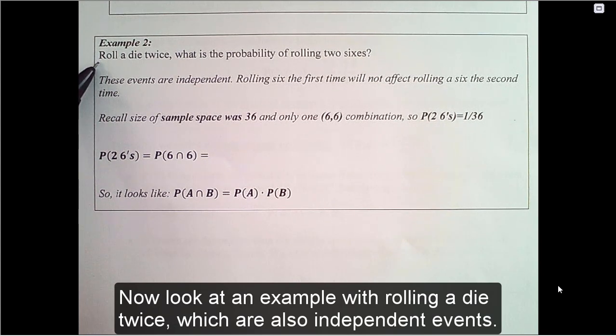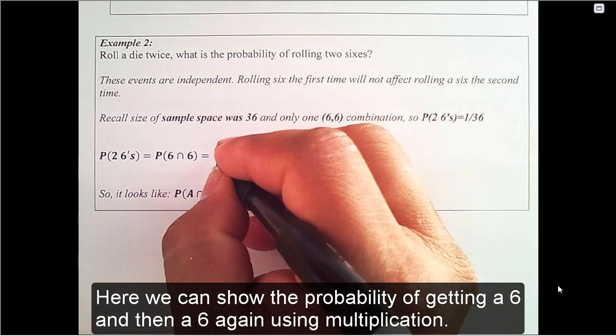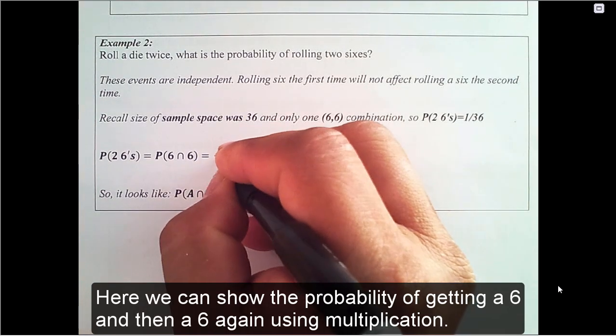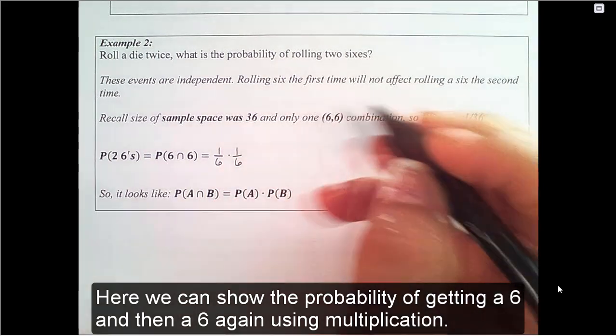Now look at an example with rolling a die twice, which are also independent events. Here we can show the probability of getting a 6 and then a 6 again using multiplication.